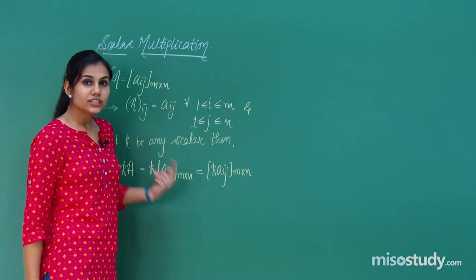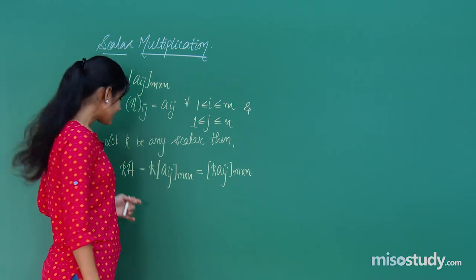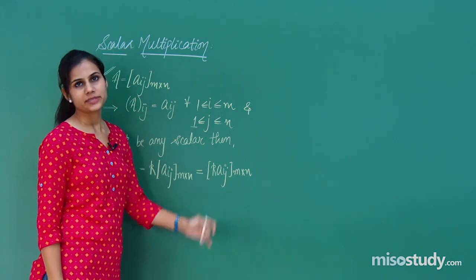That means if the ijth entry of matrix A is aij, then the ijth entry of matrix kA is k times aij.